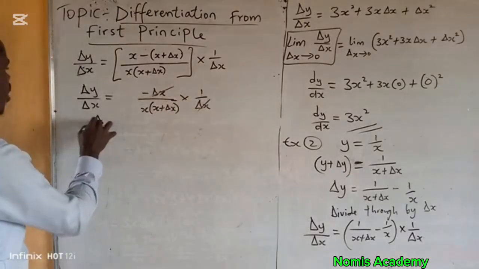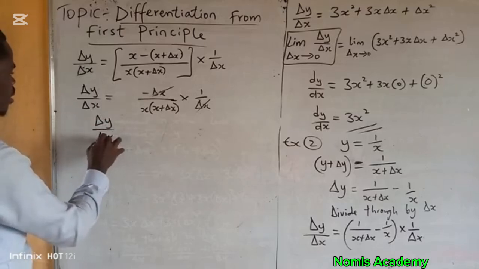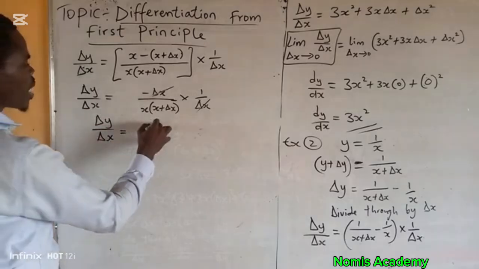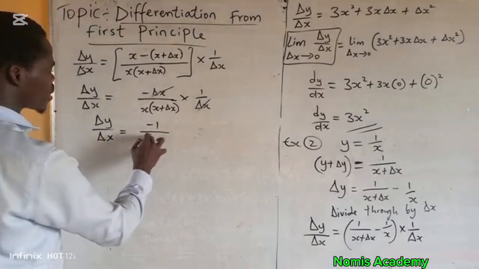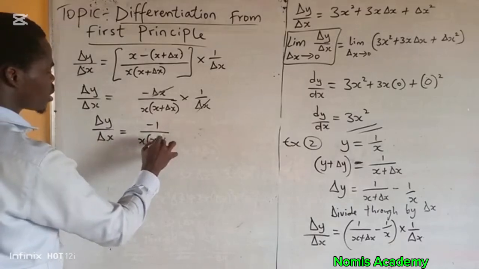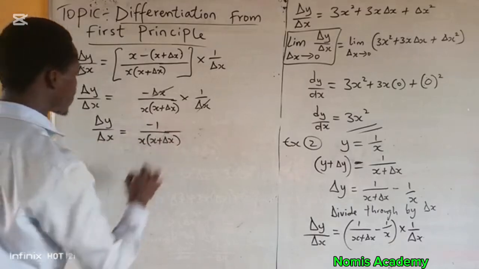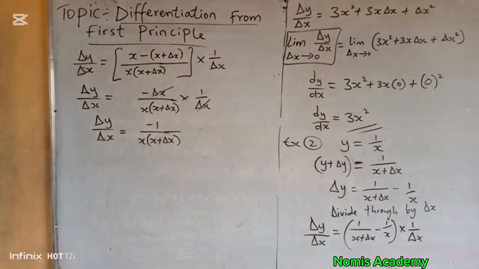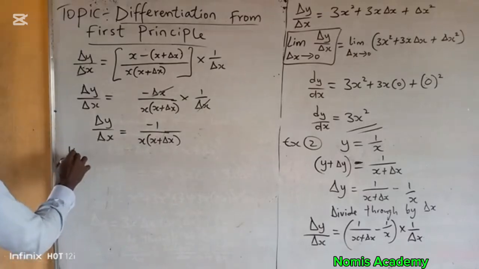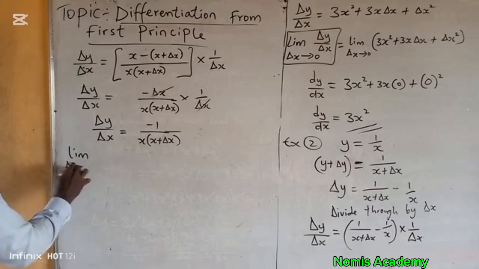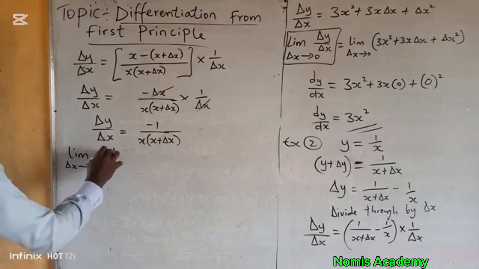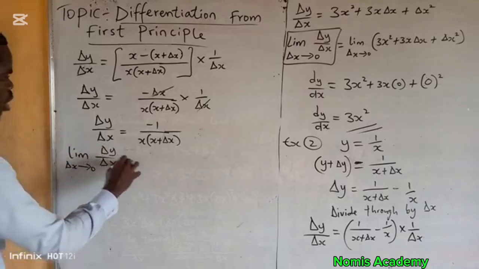And then delta y all over delta x is equal to minus 1 all over x into x plus delta x. So at this point, we are going to take the limiting value, which is the limit as delta x tends to 0.